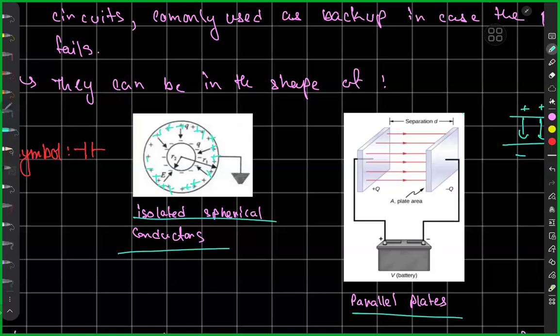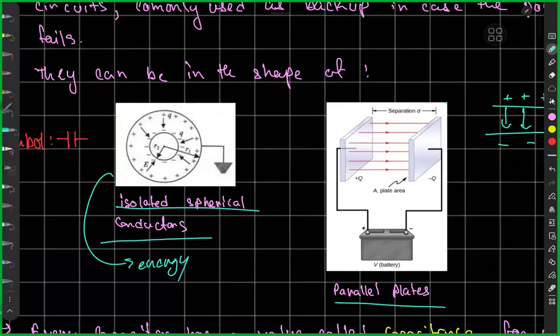In this process of separating the charges, if I draw the field lines, they look like this. So this separation of charge has stored an amount of energy in this capacitor. This spherical capacitor has stored some amount of energy by that separation.